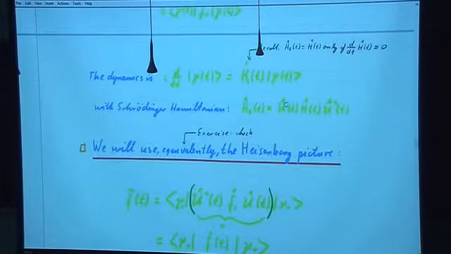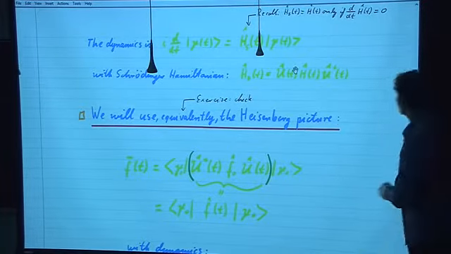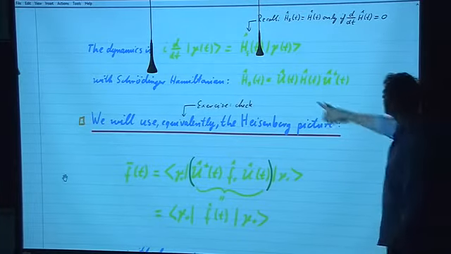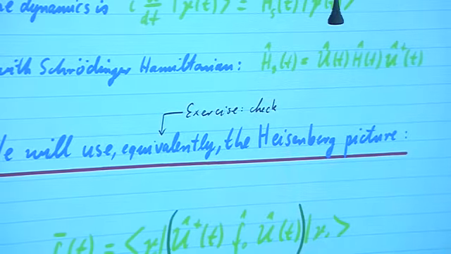So the Hamiltonian that drives the Schrödinger equation is the Schrödinger Hamiltonian, which is obtained by applying the time evolution operator to the left and to the right of the Heisenberg Hamiltonian.